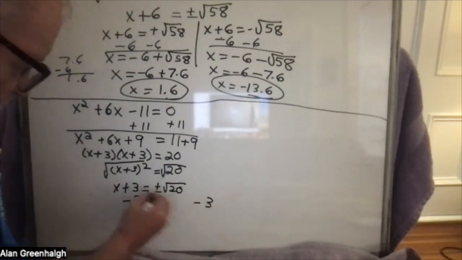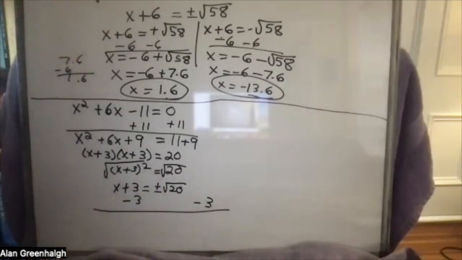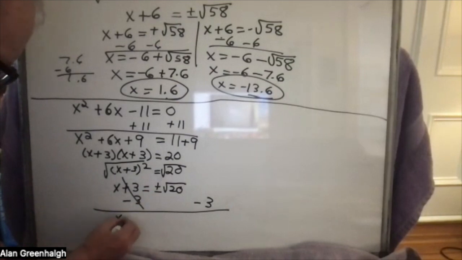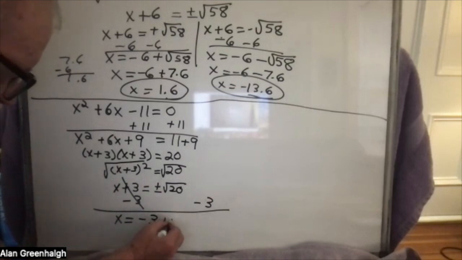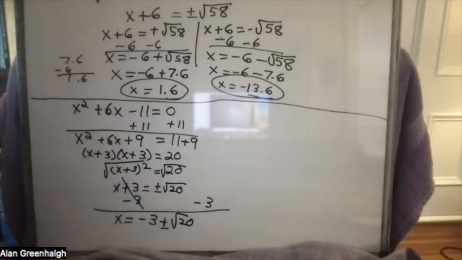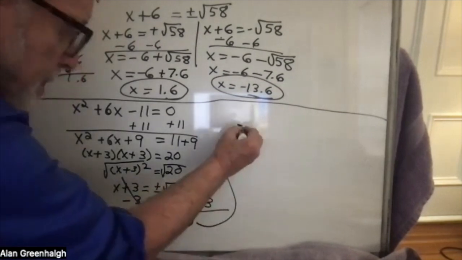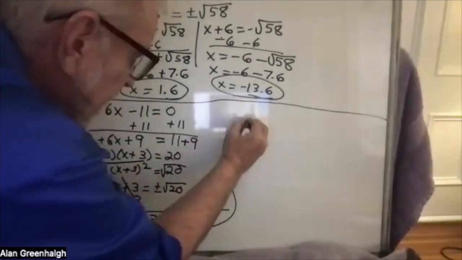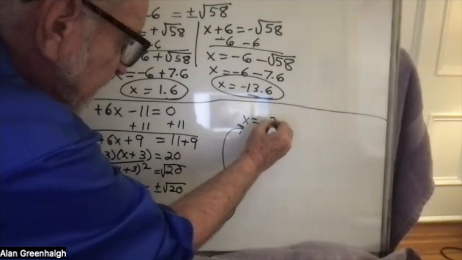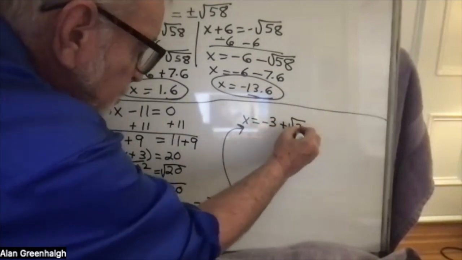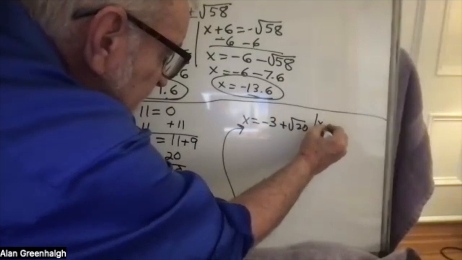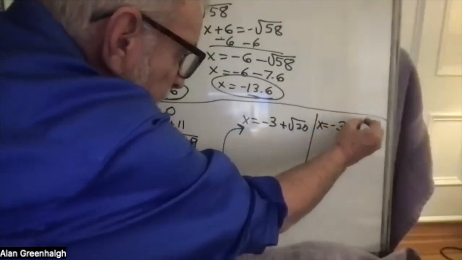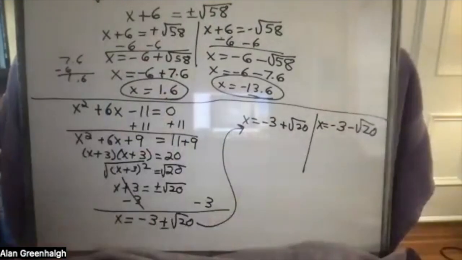I'm going to put it on the side, so it's away from everything. And x will equal, now you bring it back, -3 plus or minus the square root of 20. So the two answers will be x equals -3 plus the square root of 20, and x equals -3 minus the square root of 20.